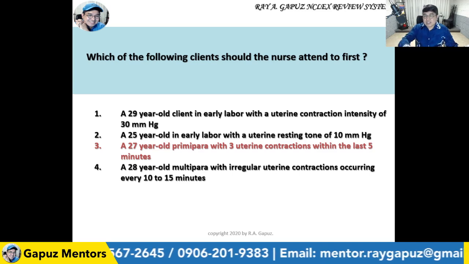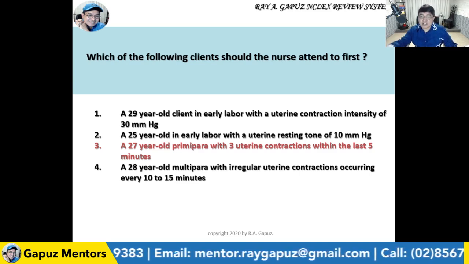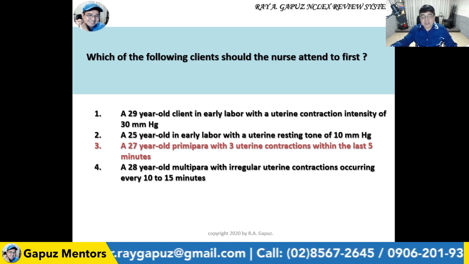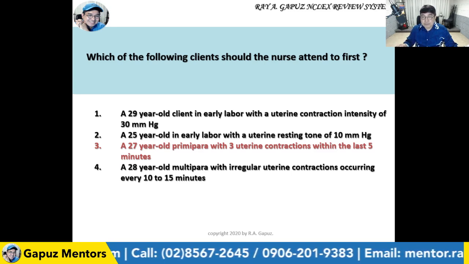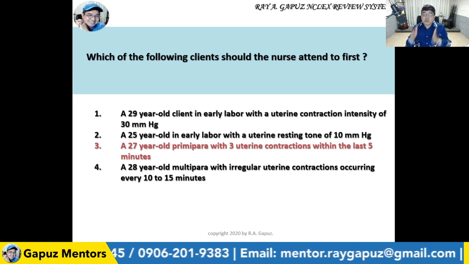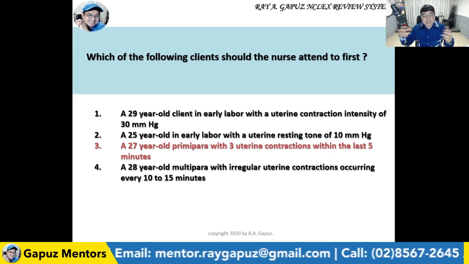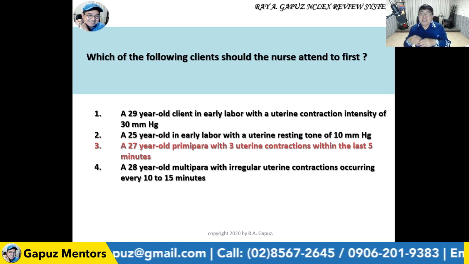In the transitional stage of the first stage of labor, meaning you're now progressing to the second stage, the duration of contractions could be 60 to 90 seconds, and the frequency could be every 30 seconds to 2 minutes. This means that as you progress through labor, the duration of contraction increases and the frequency of its occurrence decreases.